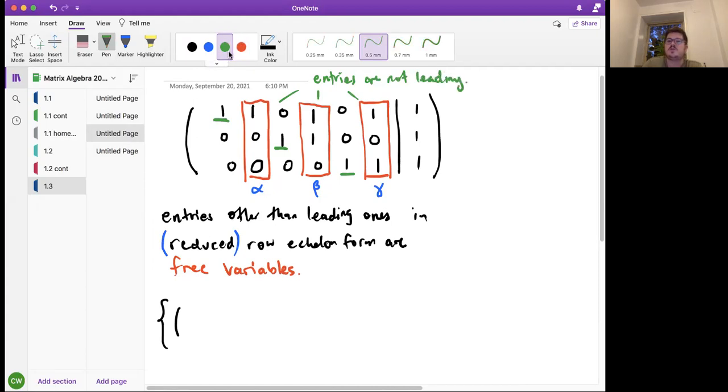Notice when you put something in reduced row echelon form, you always have these zeros above and below the leading ones, right? But there might be entries that are not leading, meaning not the first non-zero entry in the row. These are leading.